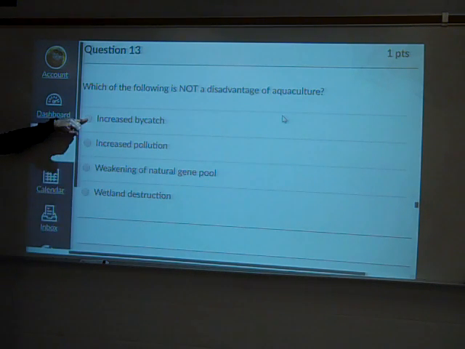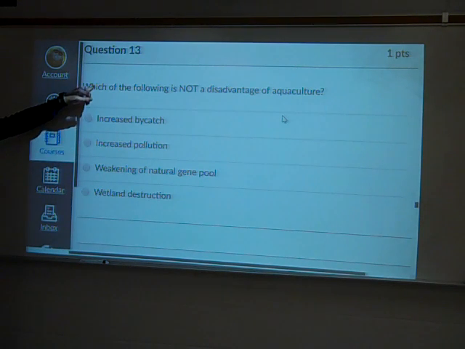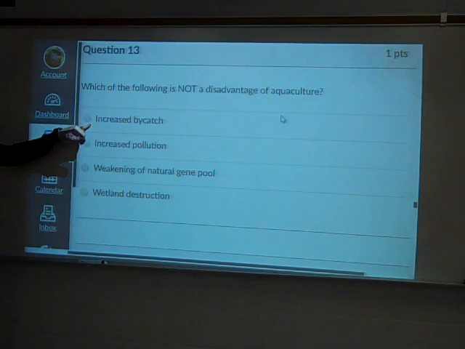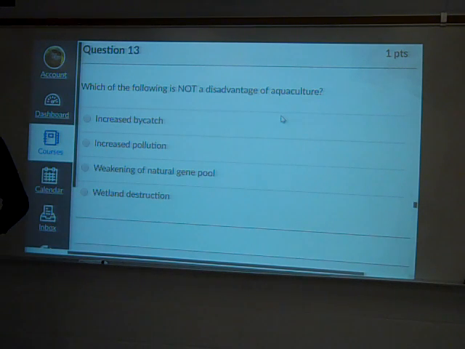So that leaves us with increased bycatch. Okay, and actually one of the advantages of aquaculture is that you don't have bycatch. Bycatch is where you go out and throw a big net out and you pull in a bunch of fish, and you've got a lot of fish that you don't want. And a lot of those fish, what we call bycatch, is a fish that you're not trying to catch.